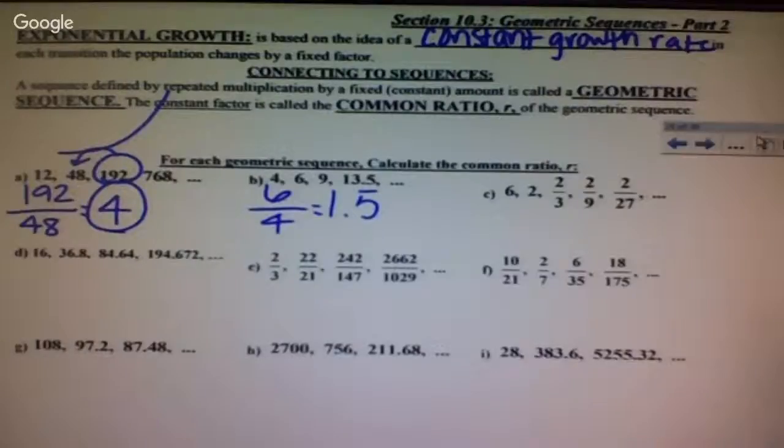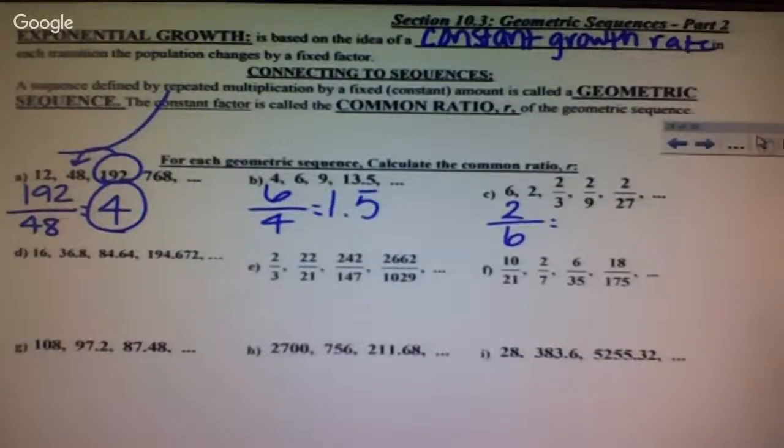When you get to something like C or F or E, where your sequence is in fractions, my suggestion to you is make your R into a fraction. So when you go to divide 2 divided by 6, it's going to give you a decimal.